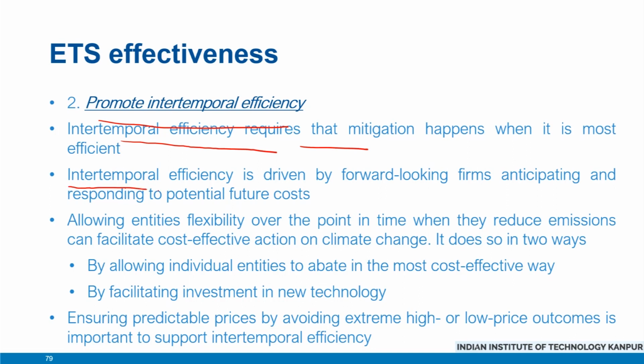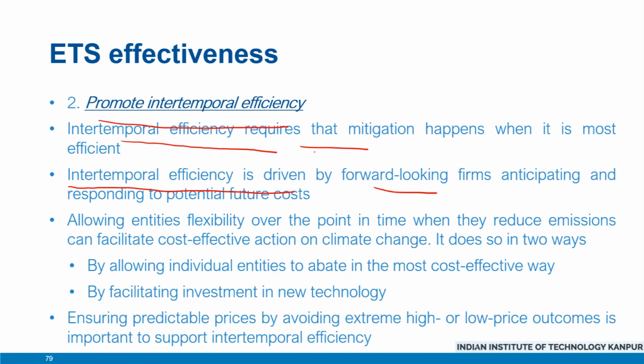Also, intertemporal efficiency is driven by forward-looking firms anticipating and responding to potential future costs. If firms expect prices to be higher in the future, then they will be willing to pay more for an allowance today. However, due to uncertainty about the future, how much firms are willing to pay is discounted, which is the time value of money concept.